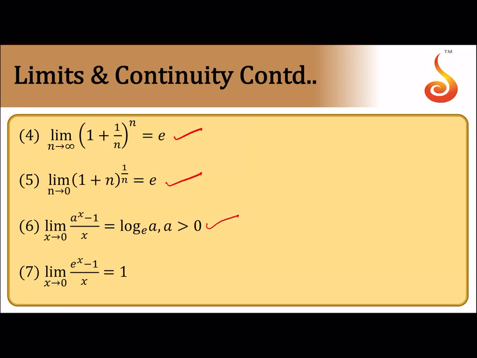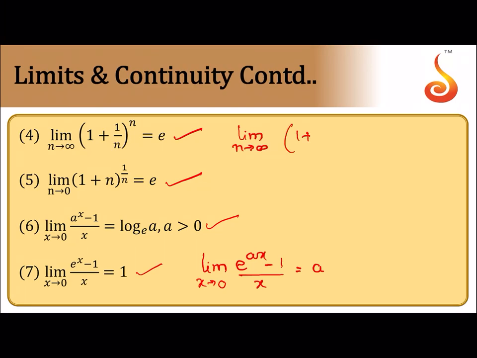Next one. Limit n tending to infinity, 1 plus 1 by n to the power n is equal to e. Limit x tending to 0, 1 plus x to the power 1 by x tends to e. Similarly, limit x tending to 0, a to the power x minus 1 by x is log base e a, where a is greater than 0. Limit x tending to 0, e to the power x minus 1 by x is equal to 1.